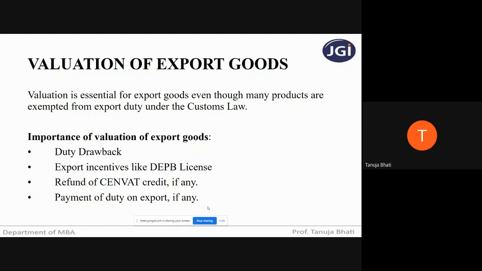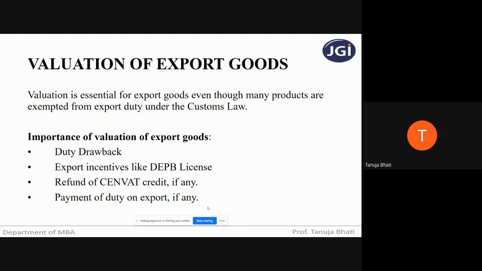credit on their purchases. Suppose I'm exporting a particular product. To manufacture that product, I need to purchase certain raw materials. When I'm purchasing the raw materials, I need to pay GST or the taxes applicable on that particular product.